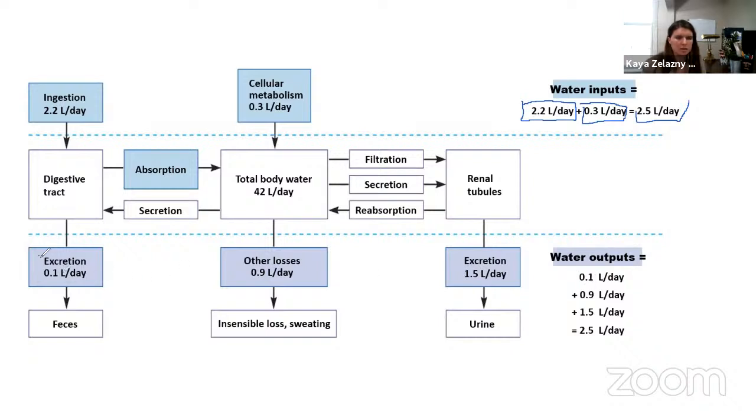Usually you excrete in feces 1 liter of water per day. You excrete as urine 1.5 liters of water per day. Other various losses are about 0.9 liters a day. So that adds up to our same number as before, meaning we're in water balance, meaning that our blood volume stays the same, which is great for us.